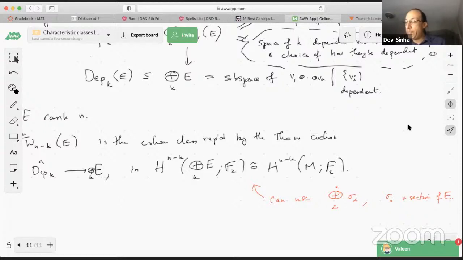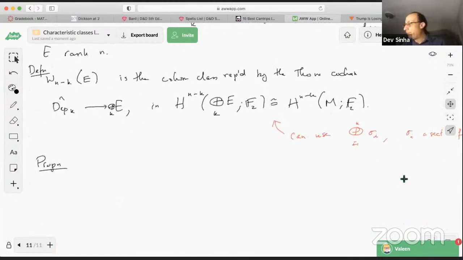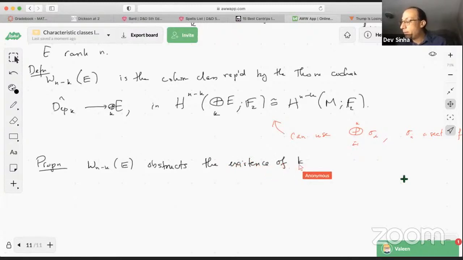And so, right. So here's the main thing to know about these classes. Here's their identity, really. The way we're going to put it is that this obstructs the existence of k linearly independent sections.